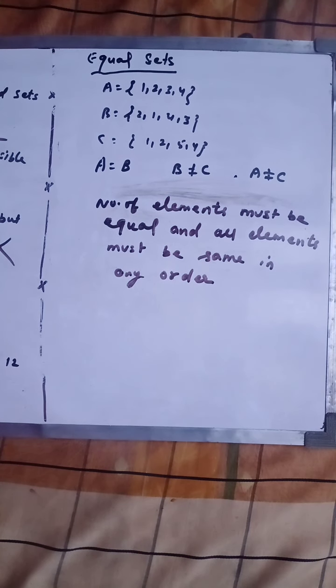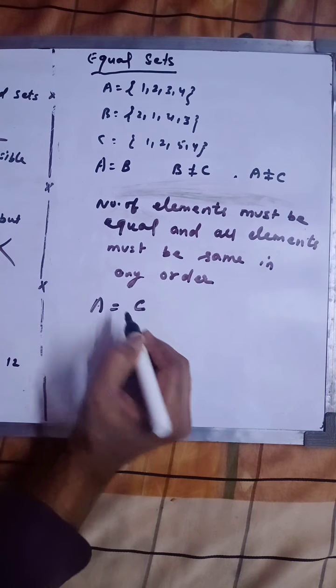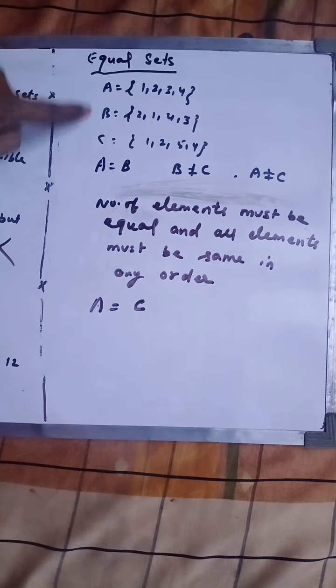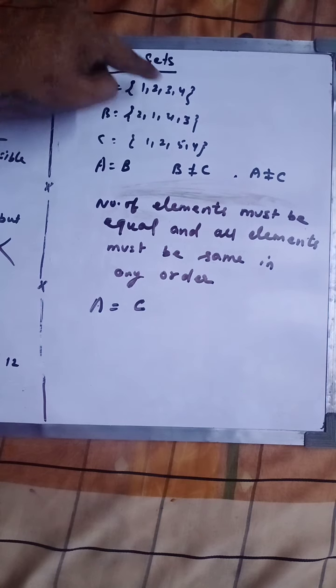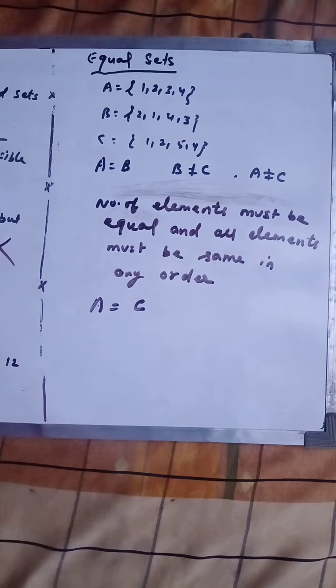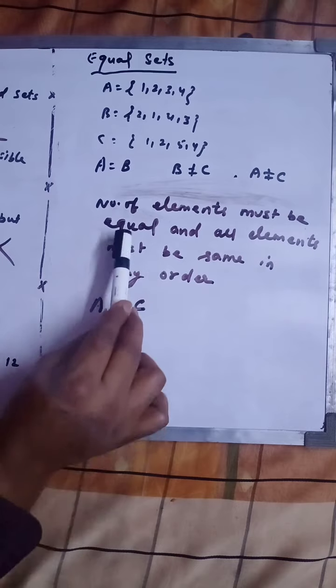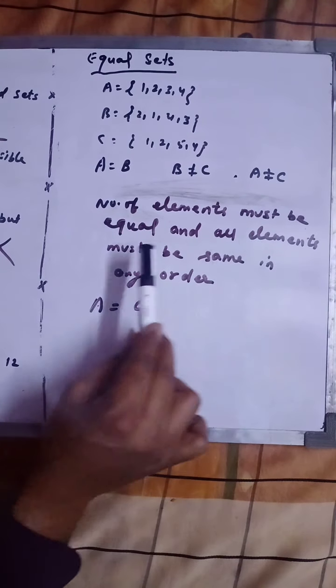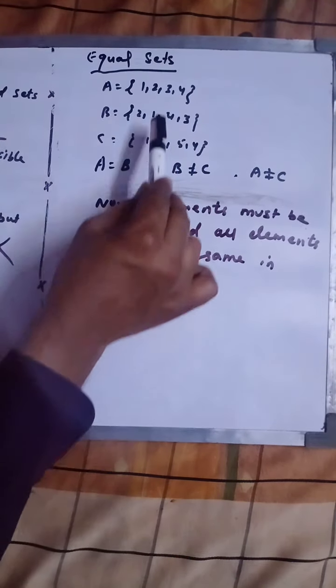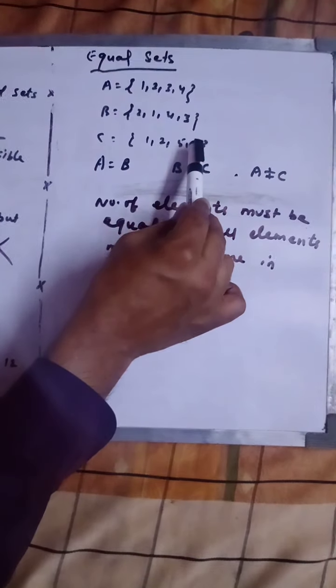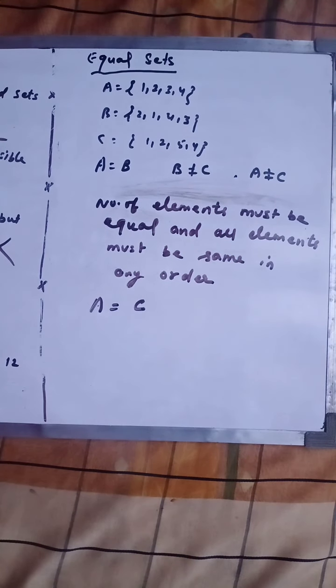If you take the example of A and C here, both have 4 elements, so the number of elements is the same. First condition satisfied, but all the elements must be the same. Here 1 is coming, 2 is coming, 3 is not coming in C. So we have to check the elements. Elements must be the same, but the order can be anything.